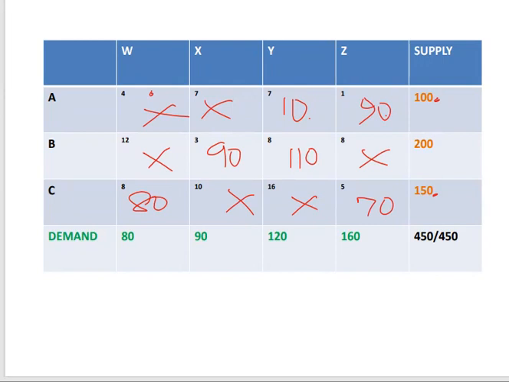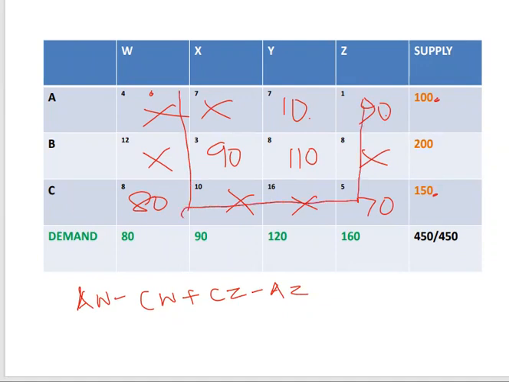AW to CW plus CZ minus AZ. Can you see it now? So it's not compulsory to jump on them.